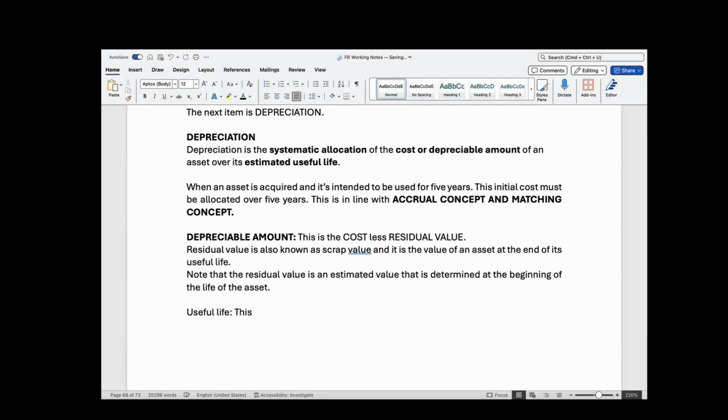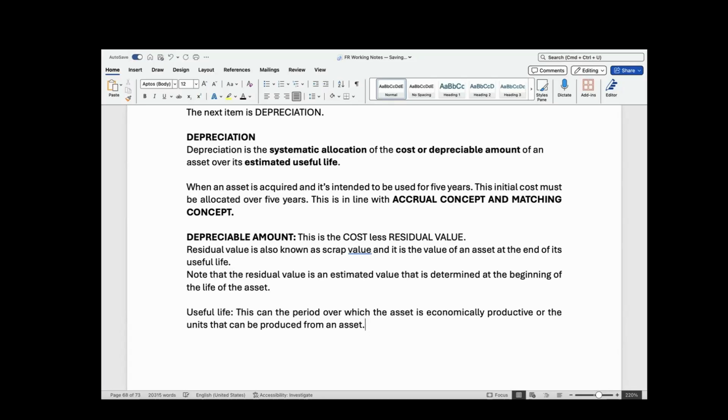This can be the period over which the asset is economically productive, or the units that can be produced from an asset.